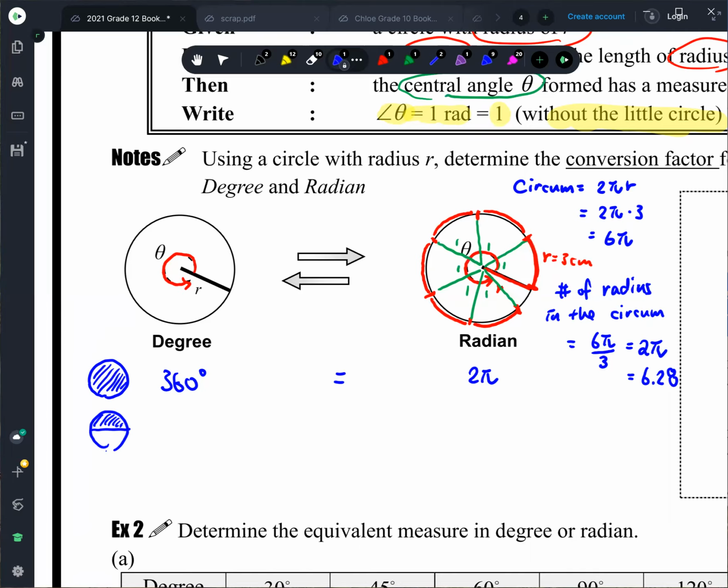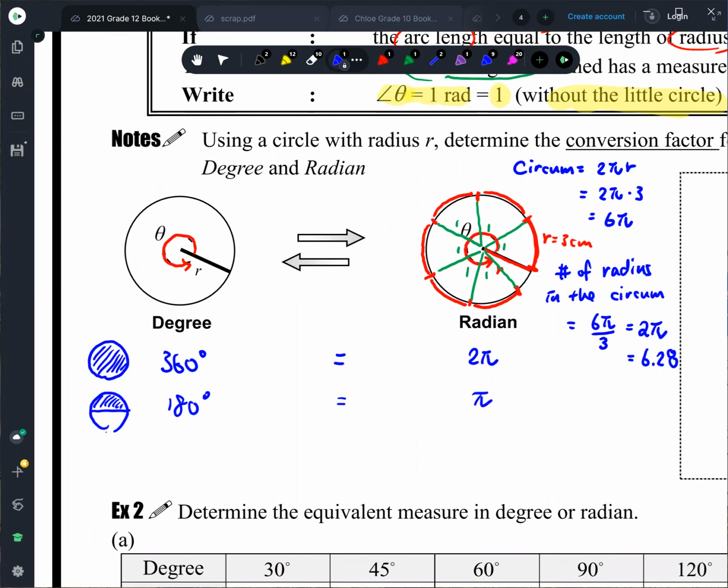Oh, 360. Half a circle, 180? Yeah, you know, right? Don't give up too fast. Okay, so go to radian. Full circle in radian is 2 pi. Half a circle will be 1 pi? Yeah, excellent. Very easy. So you start with a full circle. If you know the full circle, you know how to get the other one.